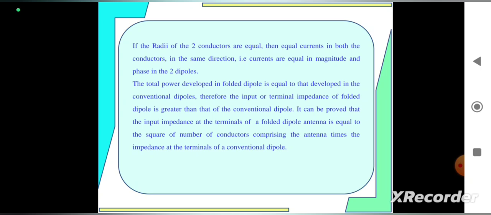It can be proved that the input impedance at the terminal of a folded dipole antenna is equal to the square of that of the conventional dipole.